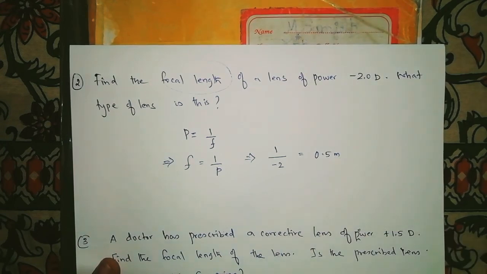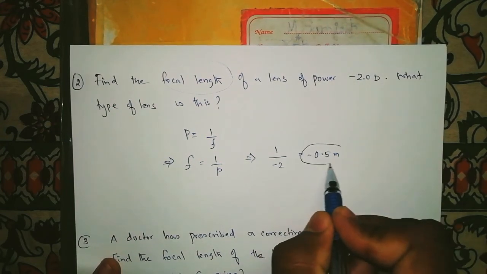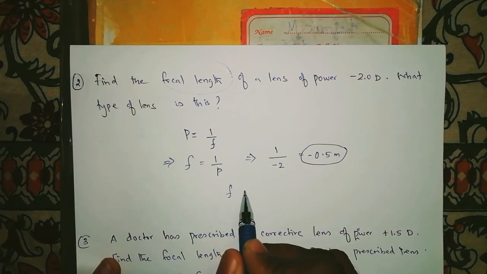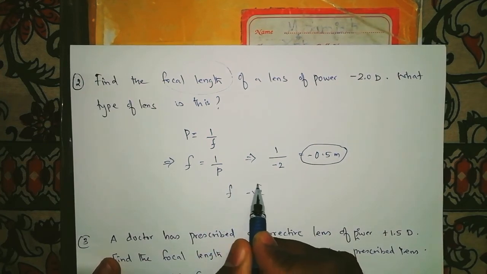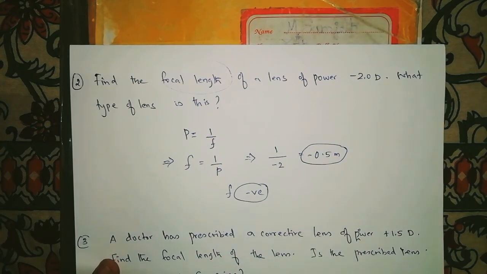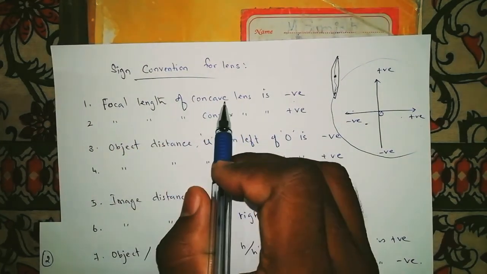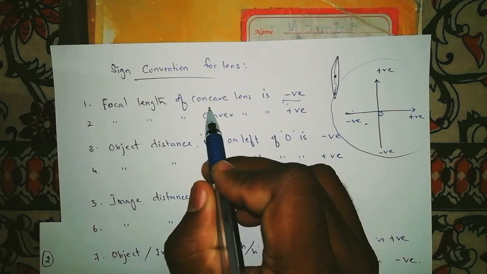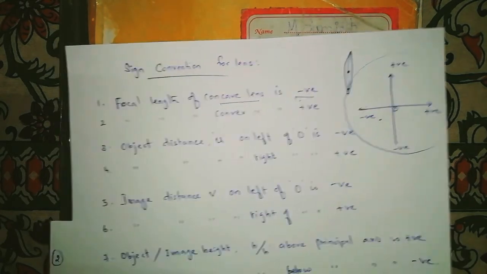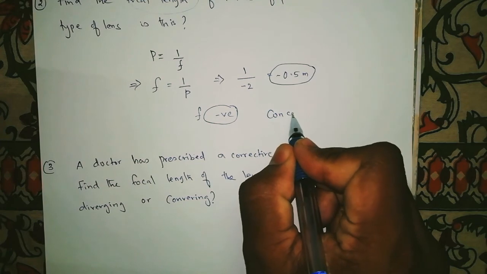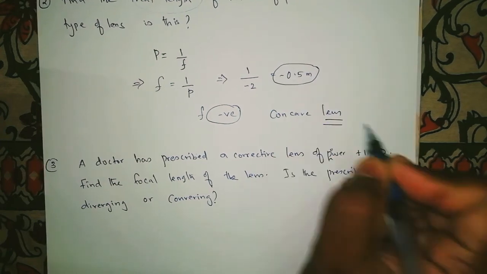Am I right? It is actually a negative sign. So the focal length is negative. If the focal length is negative, then what does it have to be? On the sign convention we have learned, if the focal length is negative, then it should be a concave lens. So the answer for this is a concave lens.